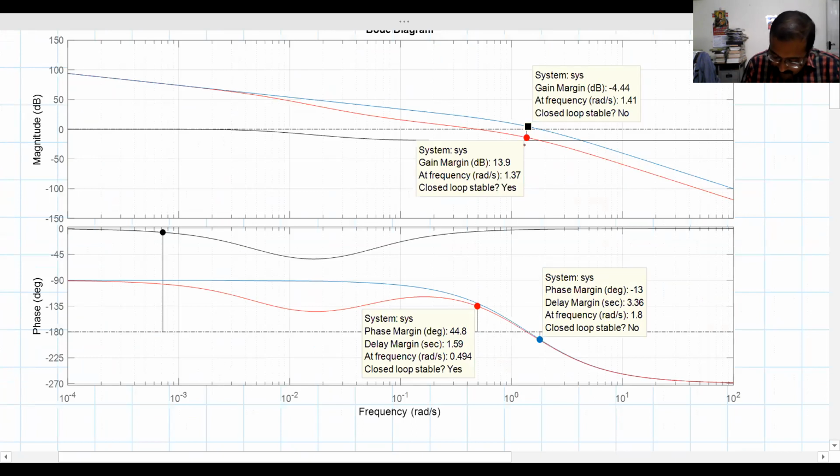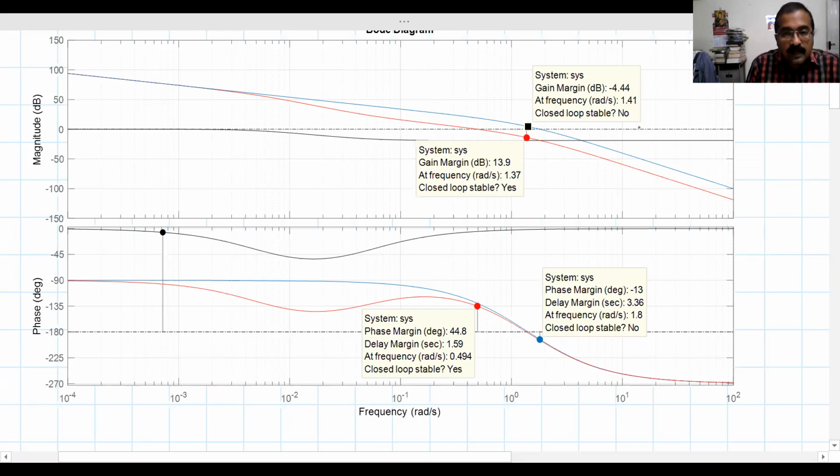The blue one is the given uncompensated system. We have only designed K for the given steady state error constant. We found K was 5, so I have plotted the Bode plot for 5 divided by S into S plus 1 into 0.5 S plus 1, given in blue.